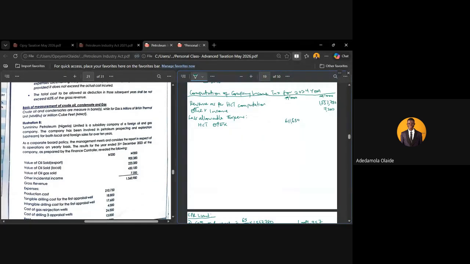So we say less that stamp duty for increase in share capital.